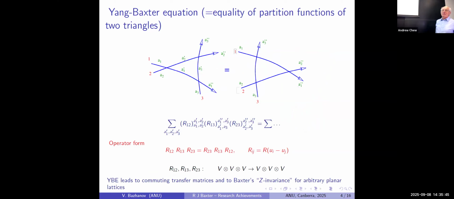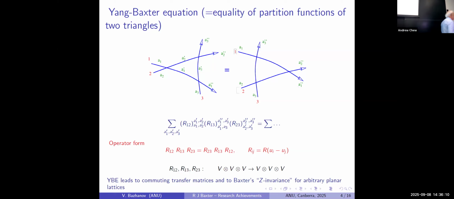You can write that equation in operator form, where this operator acts in a direct product of three vector spaces. The important thing about this equation is that if the Boltzmann weights satisfy it, then the transfer matrices of the model form a commuting family.